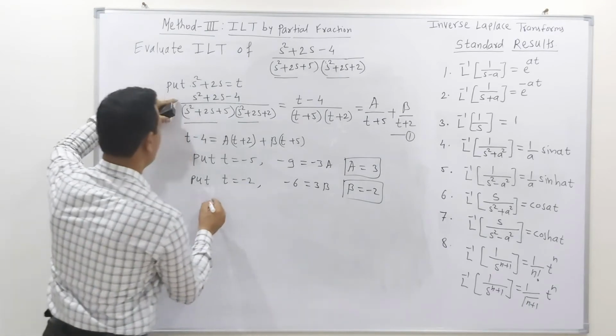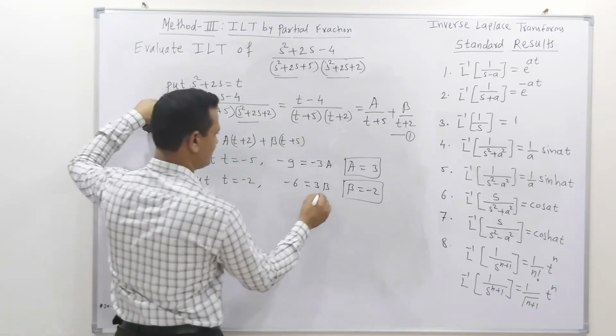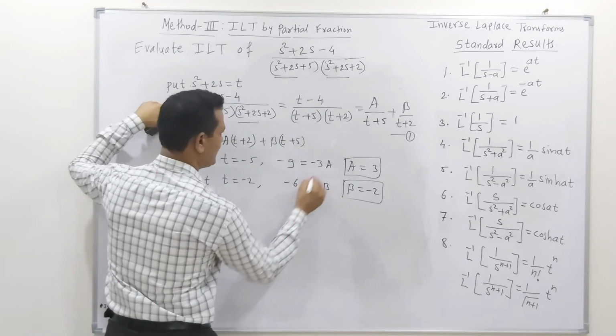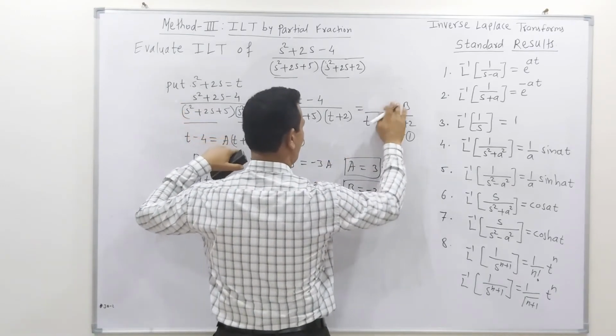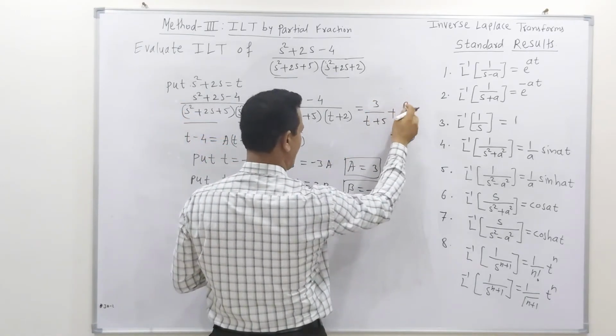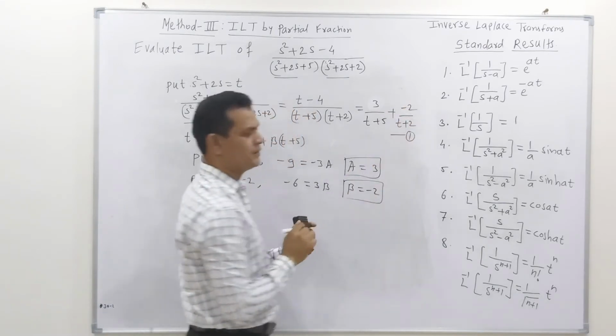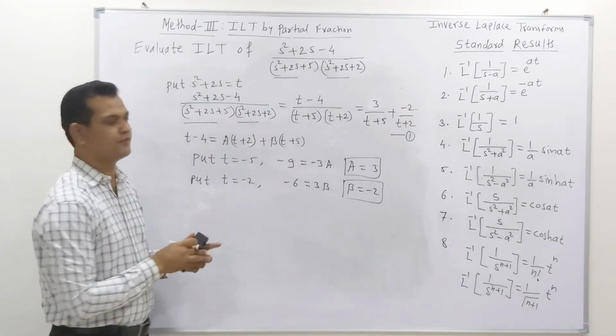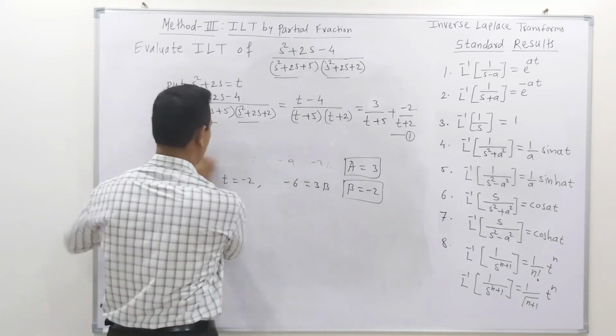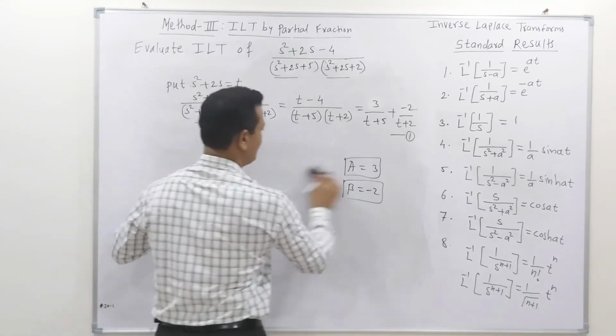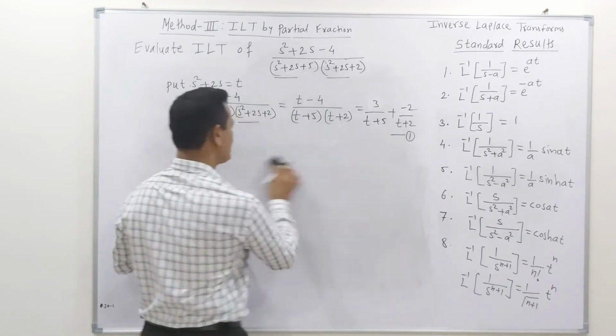So we get this equation, and we can write this with a equal to 3 and b equal to minus 2. After putting the values of the constants, we get such an equation. Now friends, let's take the inverse Laplace transformation of both sides.